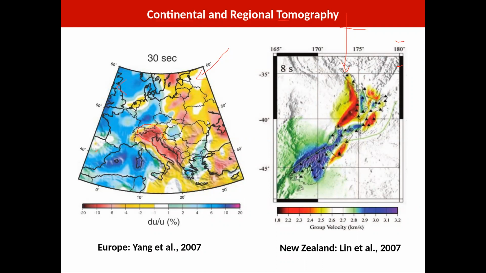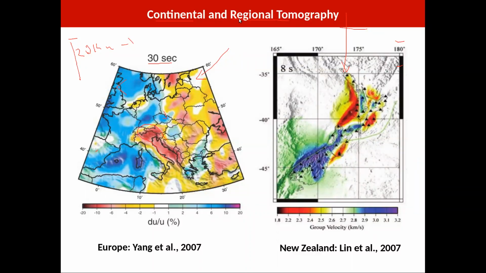So then you have a good idea of how the velocity is distributed. This is at 30 seconds, so it's at around mid-crustal depth, say 20 to 30 kilometers within the lithosphere. This is how the velocity is distributed.